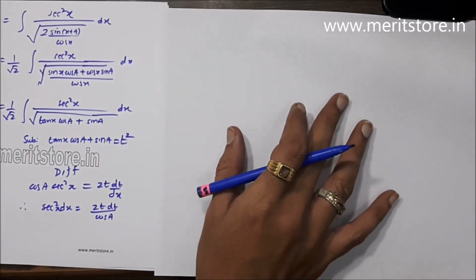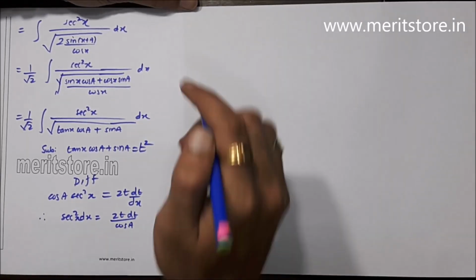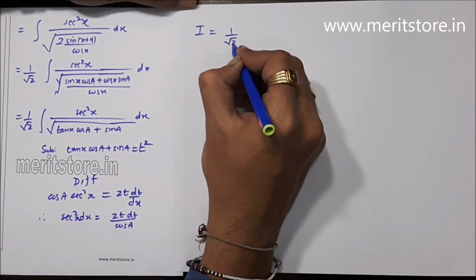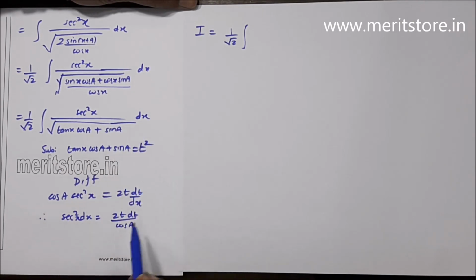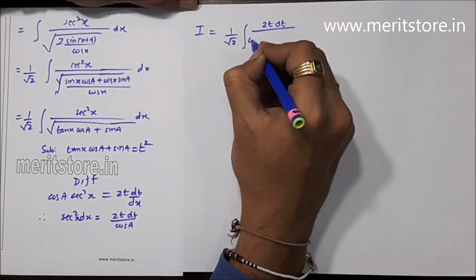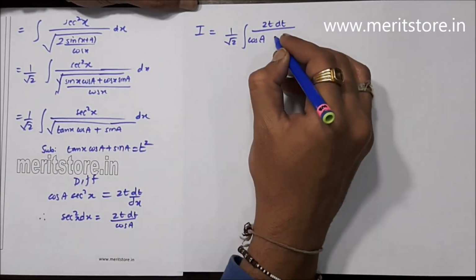Continuing with the integral, my integral will now convert to 1 upon root 2 integral of, instead of this sec square x dx, I am going to write it as 2t dt upon cos a, and this entire term will generate a t.